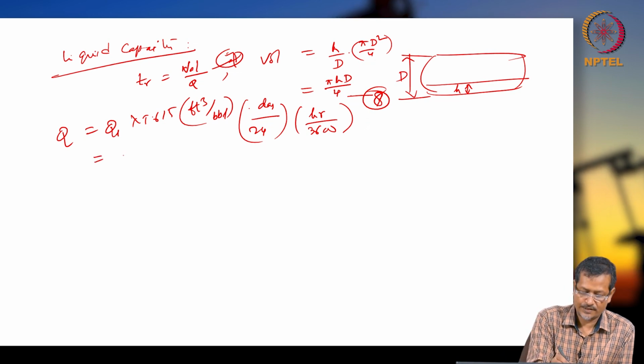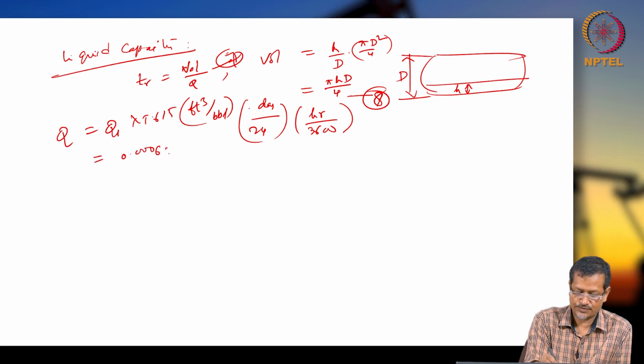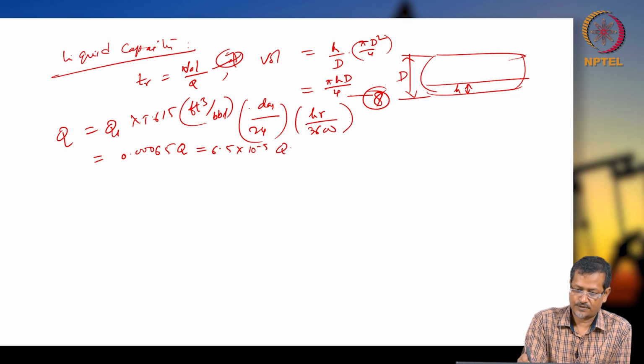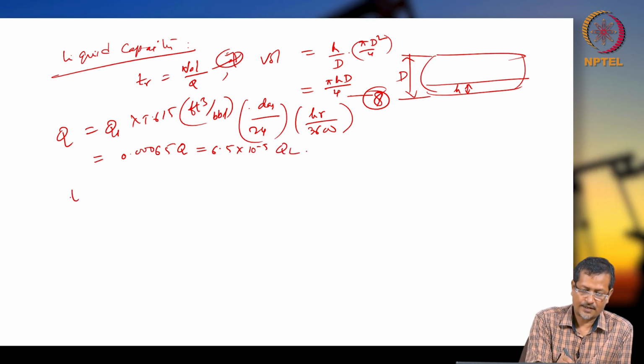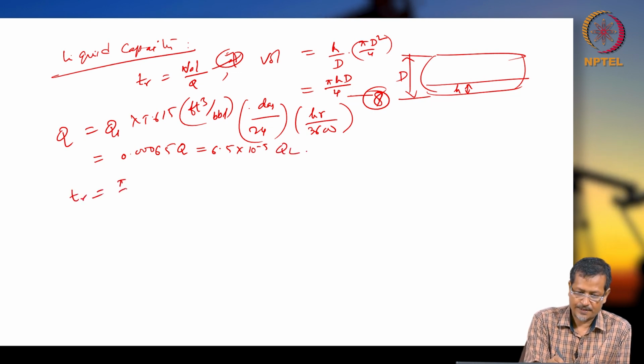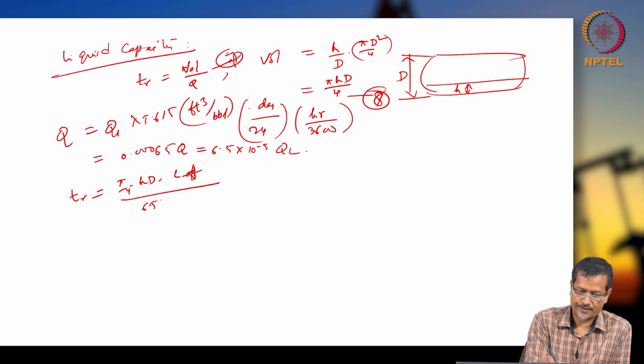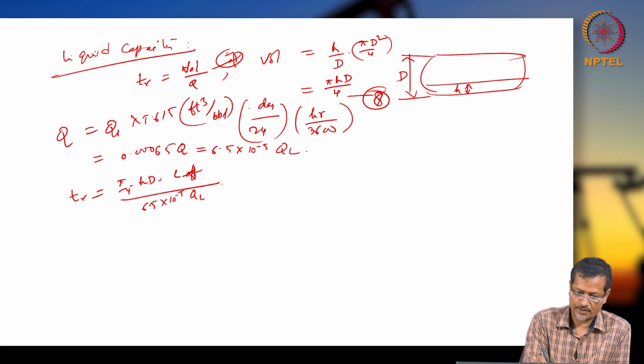So this will give 0.00065 QL, equals 6.5 into 10 power minus 5 QL. Now Tr equals pi by 4 H D squared effective length divided by 6.5 into 10 power minus 5 QL.